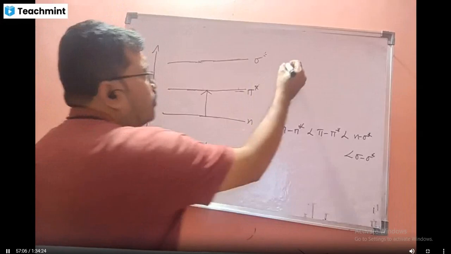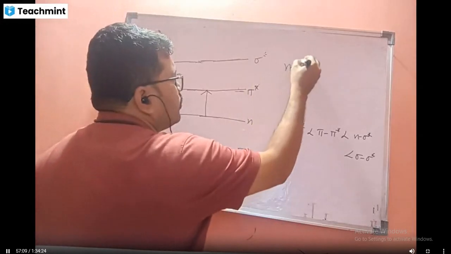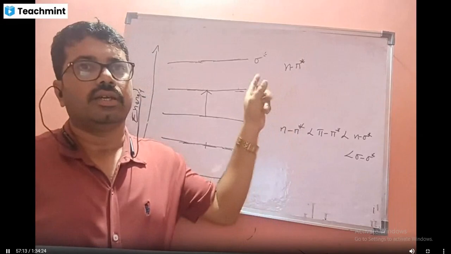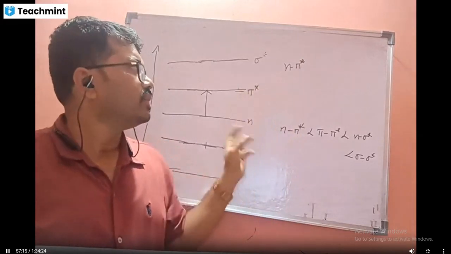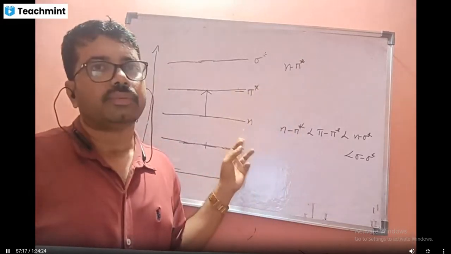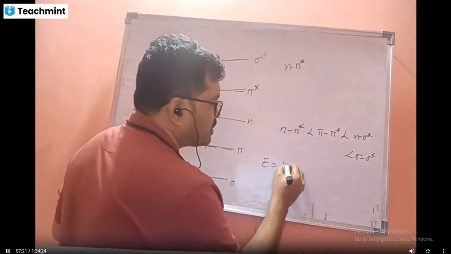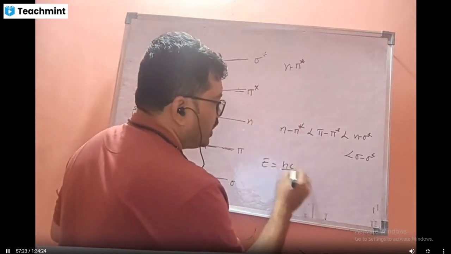First, presently I am discussing the n to pi star type. So in this type of transition the least amount of energy is required. So this occurs at longer wavelength. See, E equals h c by lambda.